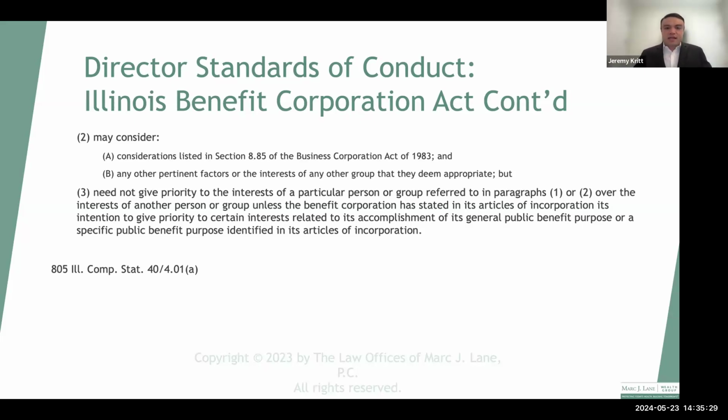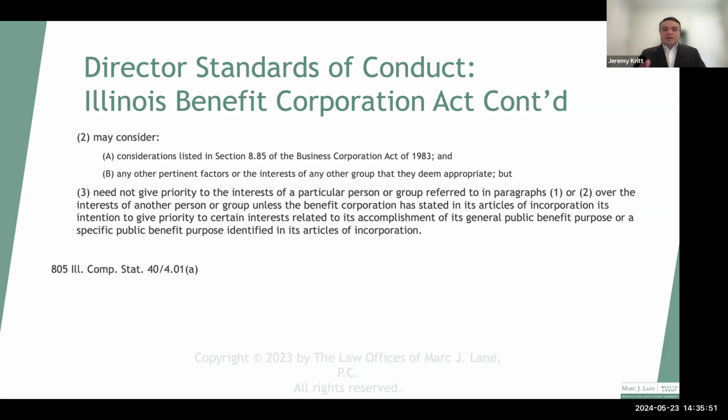Again, it's intended to be flexible and to give directors some leeway, but critically, directors need not give priority to the interests of a particular group or person over the interests of another group or person, unless the articles of incorporation state that they do.